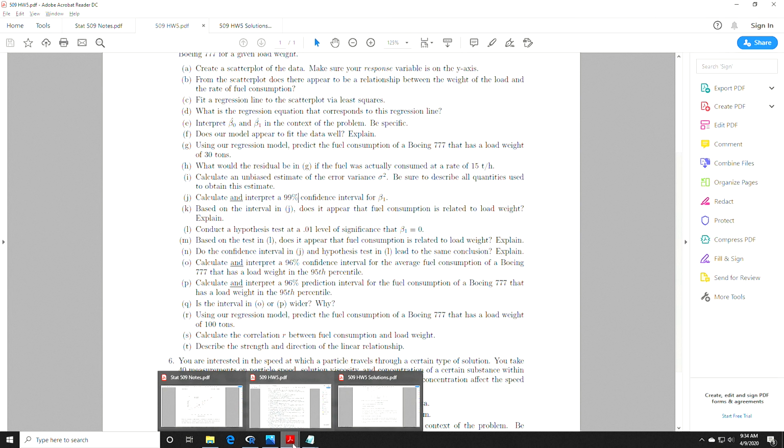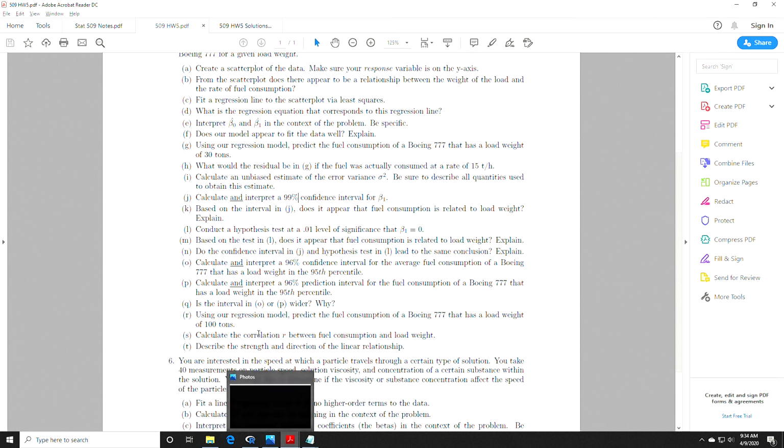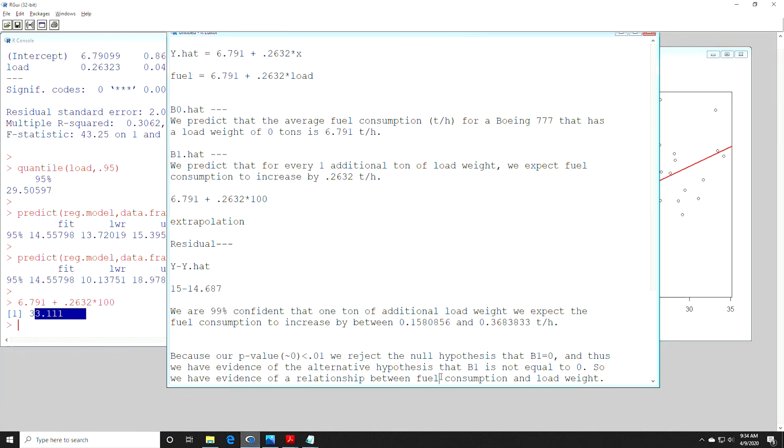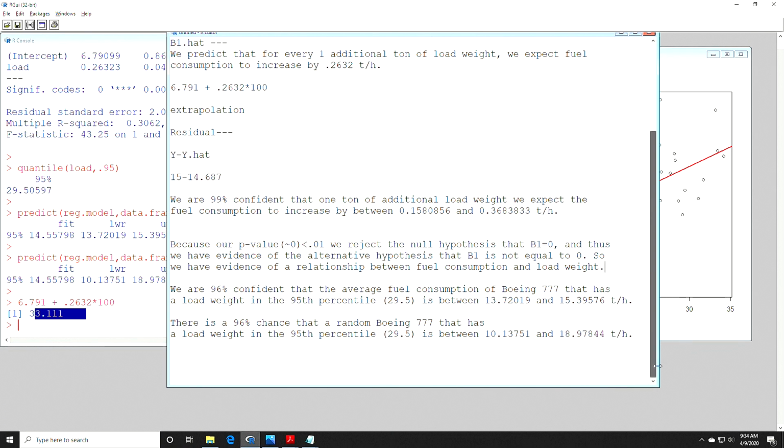Next, S: calculate the correlation, r, between fuel consumption and load weight. This is a topic which we have not covered to this point, so we are going to go ahead and talk about it right now. The correlation coefficient, denoted lowercase r, describes the strength of the linear relationship between two variables.